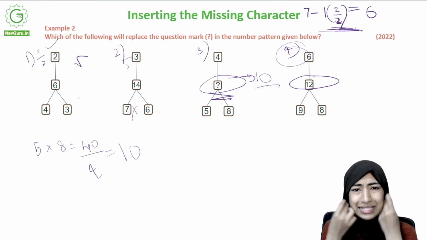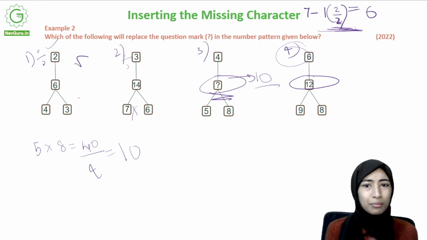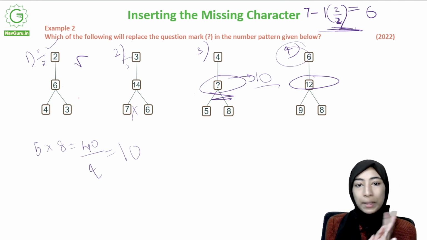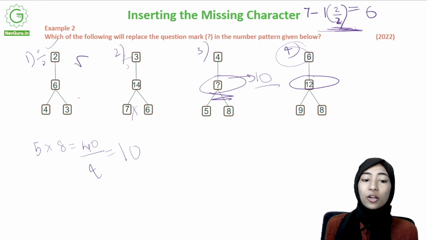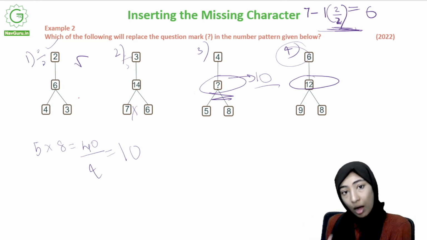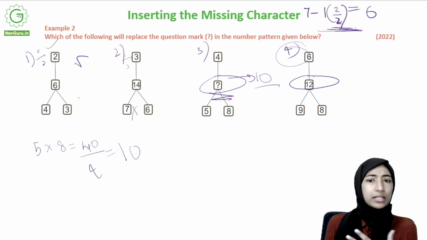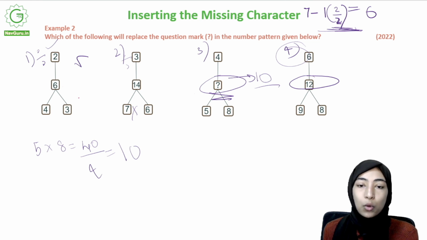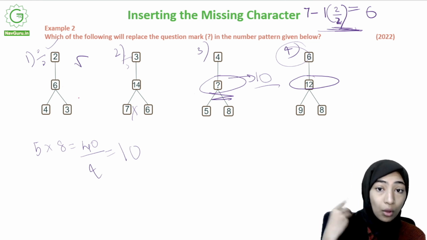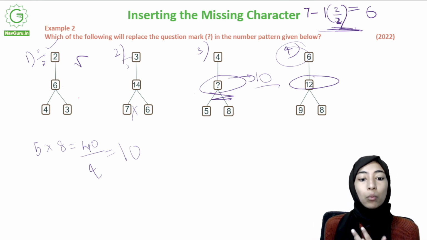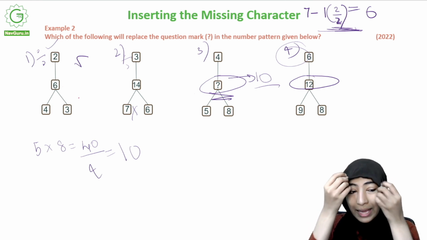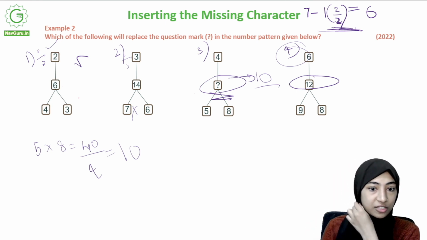The operations are very simple. Let's say either addition or subtraction or multiplication. Most probably it will be addition, right? The operations are simple. What's tough? I wouldn't call it tough, but what requires practice is knowing what operations to employ, and for that we need to practice different kinds of questions.